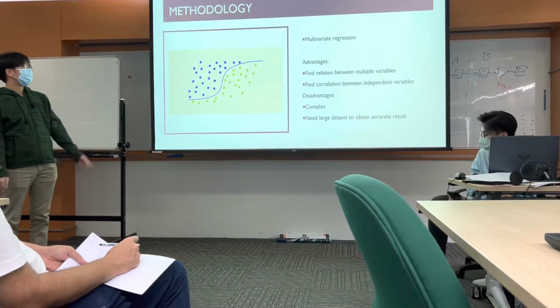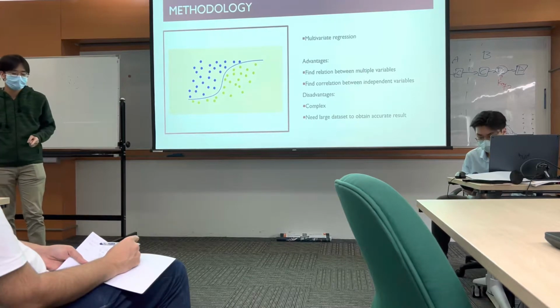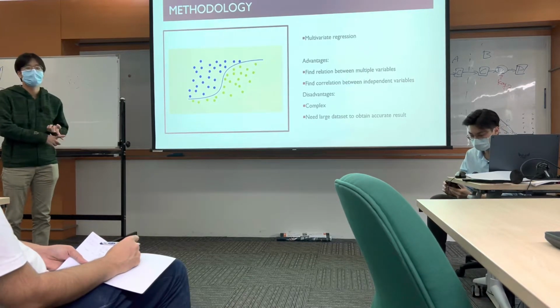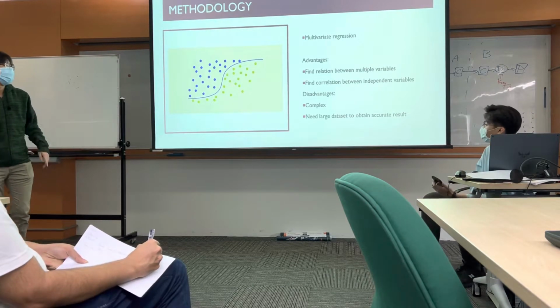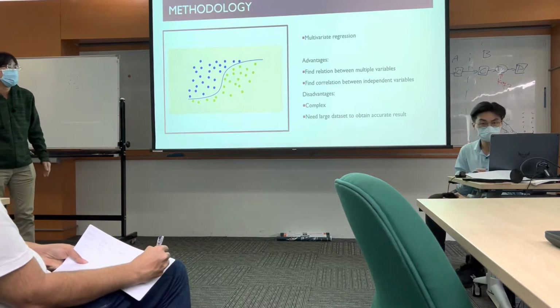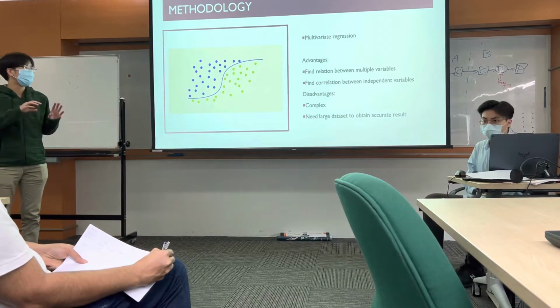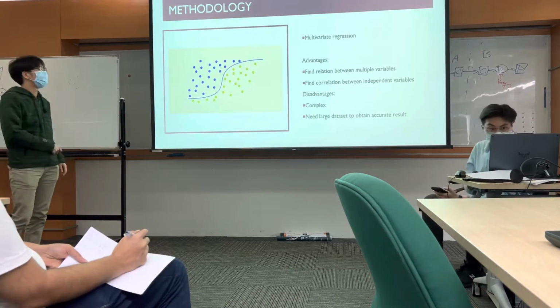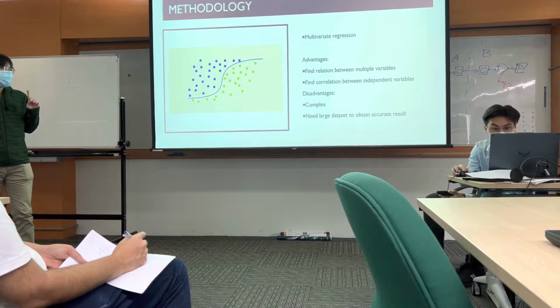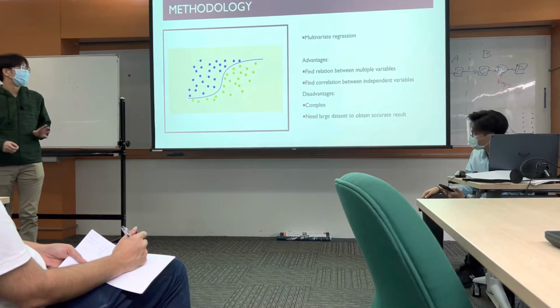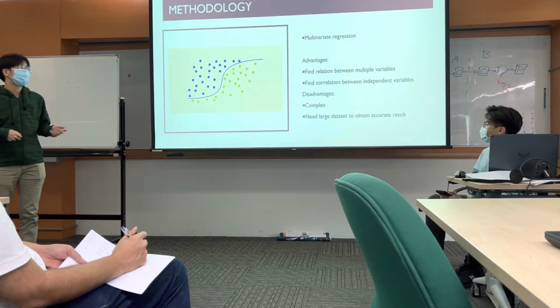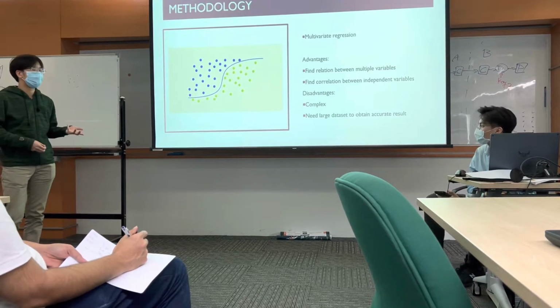The advantage is that it can find the relation between multiple variables, which is suitable for our data, and it can also find correlation between independent variables. However, it has disadvantages: it's complex to conduct, and it needs large data sets to obtain a more accurate result.